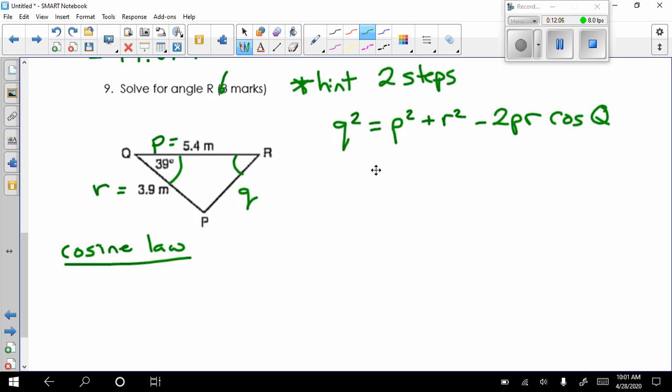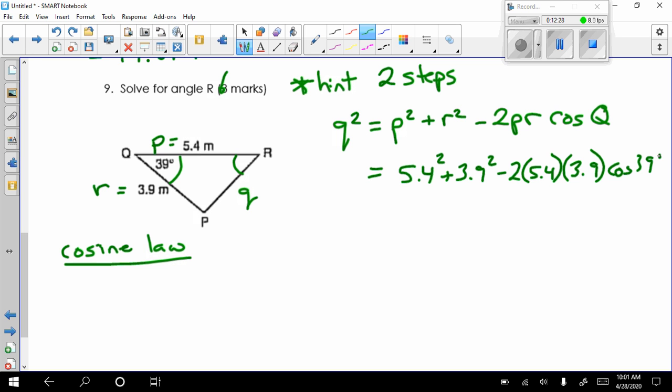So let's substitute in what we know, which is 5.4 squared plus 3.9 squared minus 2 times 5.4 times 3.9 cos of 39 degrees. Okay, so that's q squared.